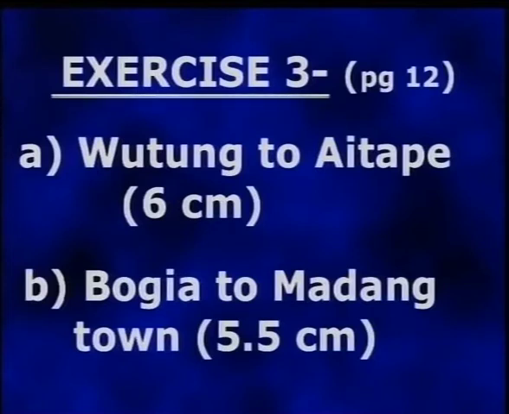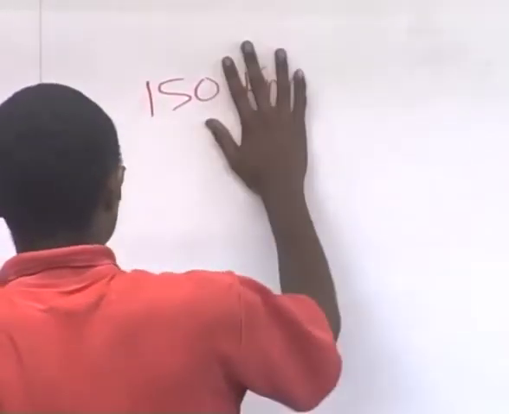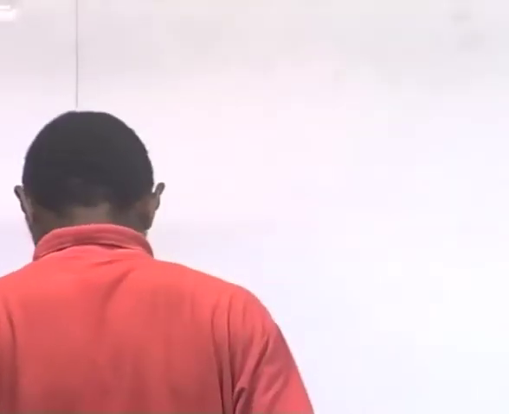Ismail, can you do your working out or just show how you got 150 kilometers? Right, anyone to do B?